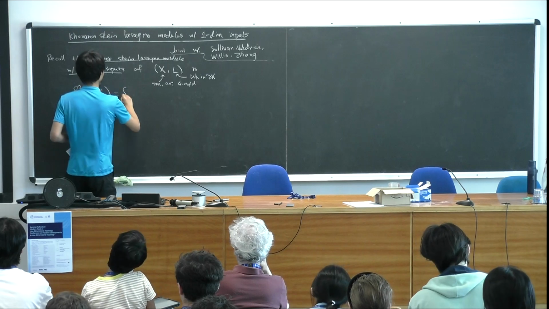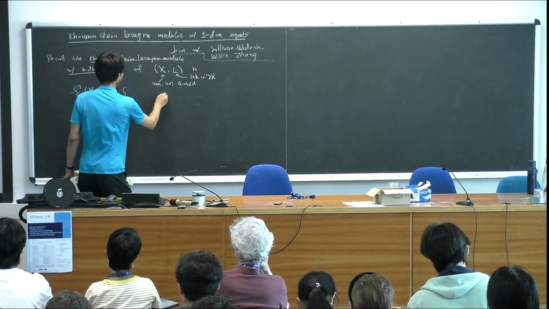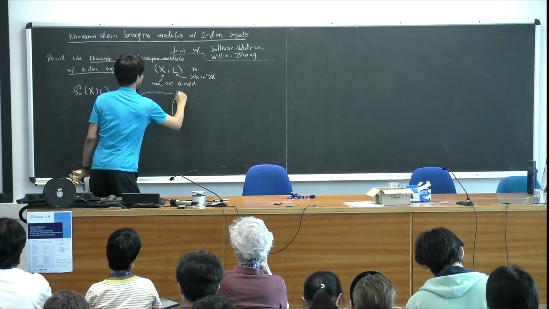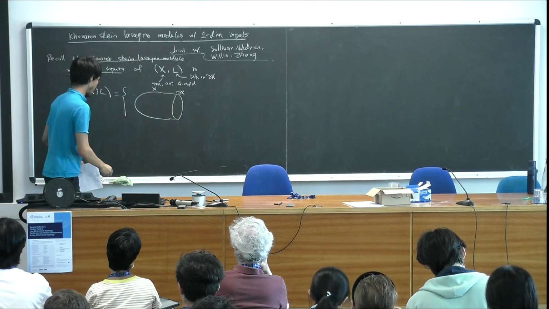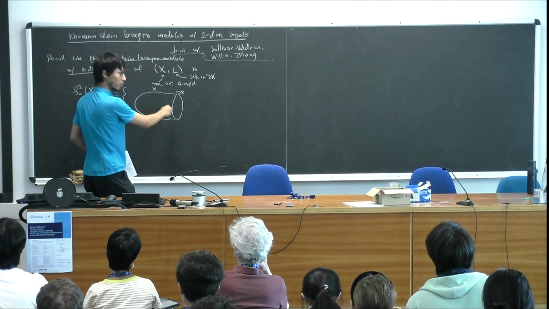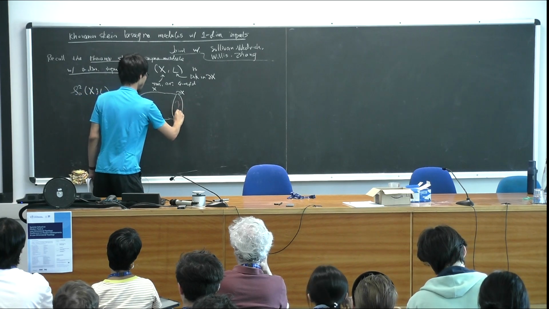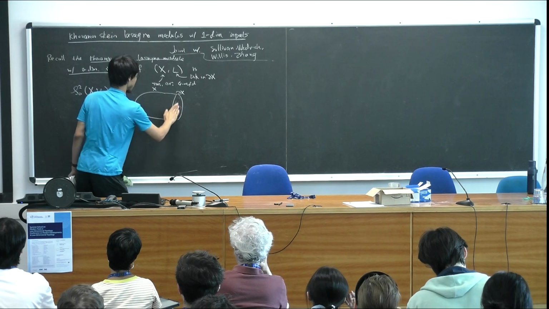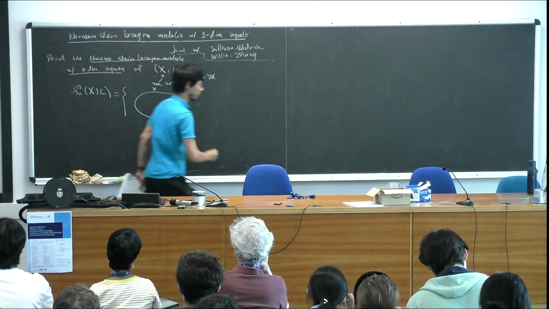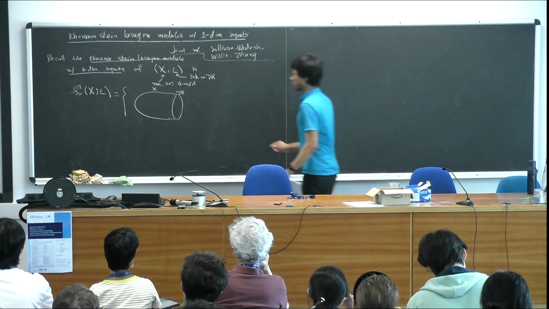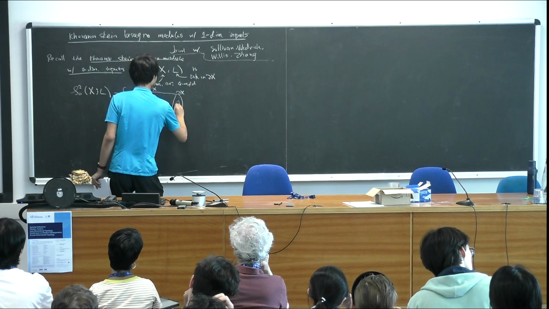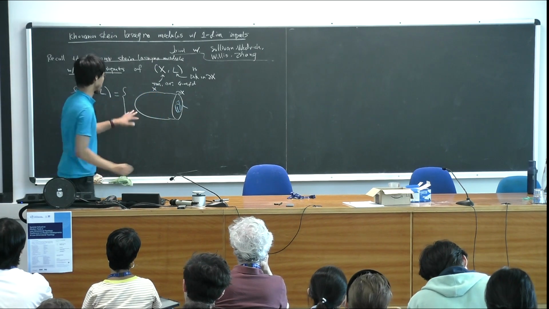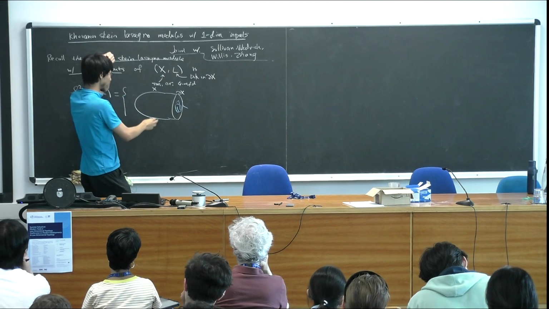Those are, pictorially, I have my 4-manifold X, probably with some boundary, and maybe on my boundary I have a link. Maybe I want to use blue for the skein. So this is my L, and the lasagna filling is some surface in the interior.